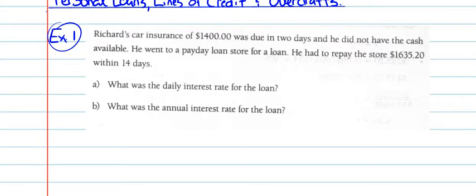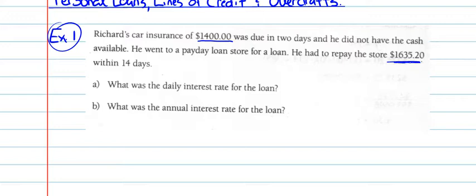So what we're looking at here, we first want to identify, okay, so if he owes $1,400 originally, and he has to repay the store $1,635, what's the total interest?